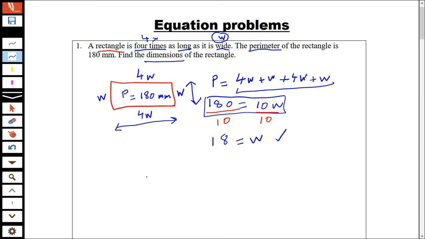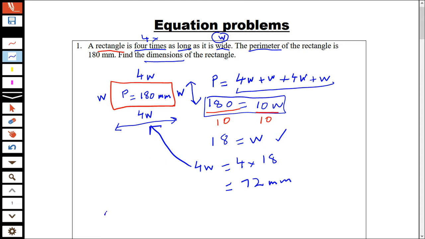Dimensions means length and width. So after that, I would say 4W is equal to 4 times 18, right? Because I need to know the longer side as well. And that's 72, and that's millimeters.